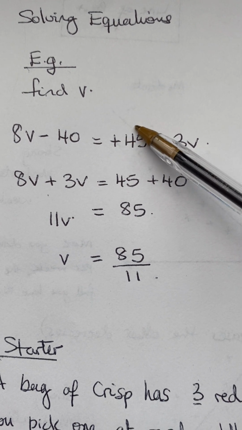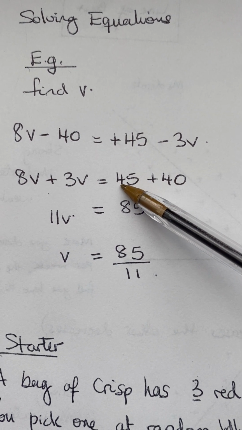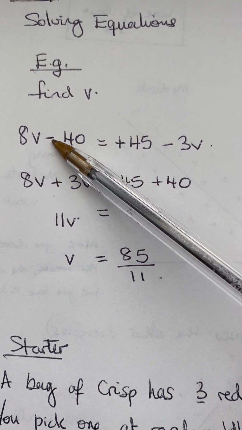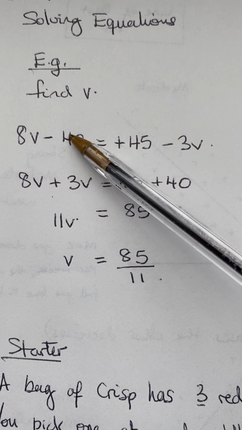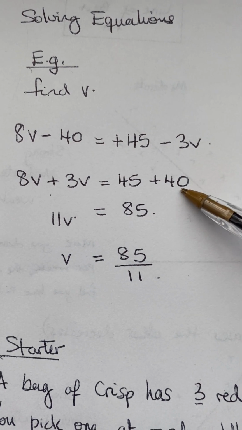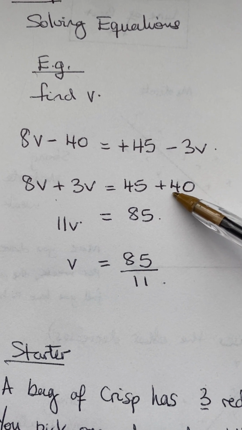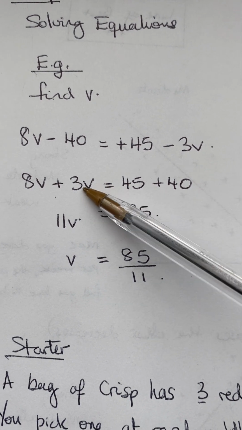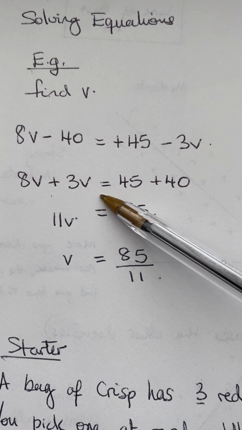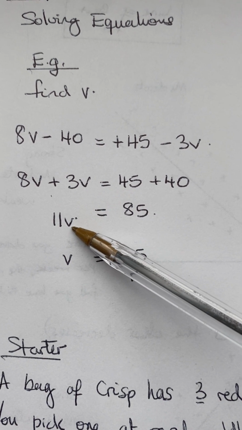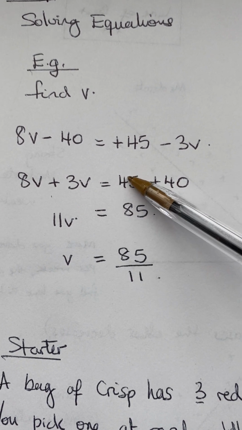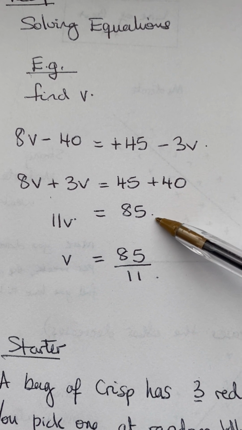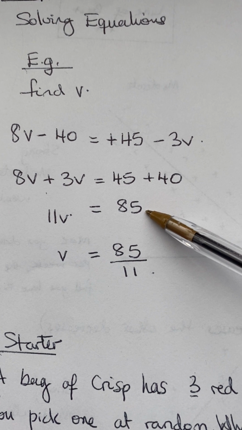Now we have plus 45 here and minus 40 here. If we move minus 40 to the other side of the equal sign, it becomes plus 40. So 8v plus 3v equals 11v. 45 plus 40 equals 85.